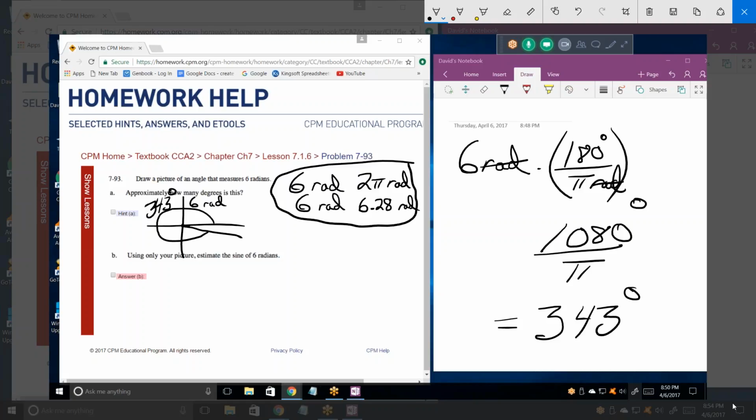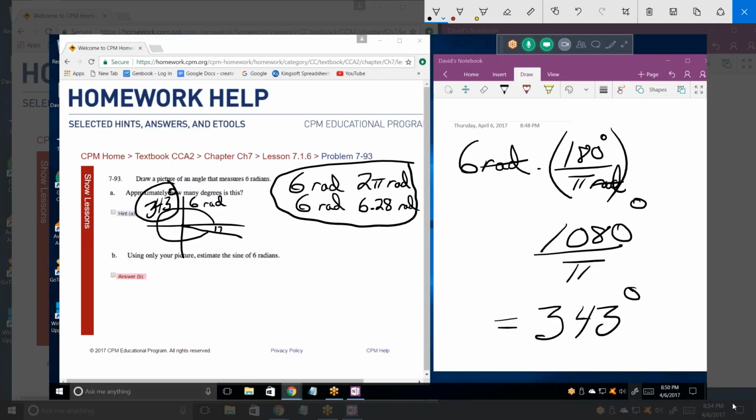And so I can always convert a radian that's in pi into a number. So 6 radians is not that different than 2 pi radians. It's only 343 degrees, whereas 2 pi radians would be 360 degrees. So that angle right there is a 17-degree angle.